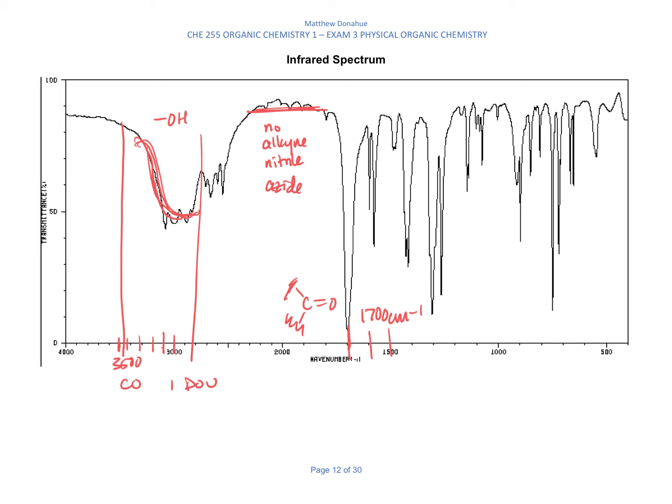But that is a heteroatom-H stretch, and it looks more like the OH than it does an NH. But again, we'll confirm the presence of oxygen versus nitrogen in the mass spec a little bit later on. So we have OH, so that's 0 degrees of unsaturation. So total from the IR, we have CO2H, and that's the minimum requirement for a carboxylic acid. So this could be a fragment. Just go ahead and propose it now.